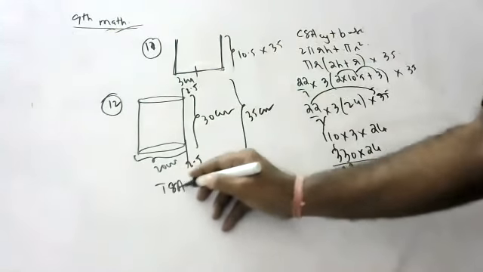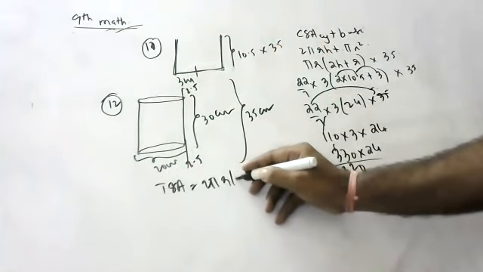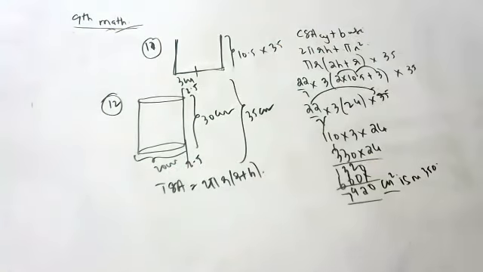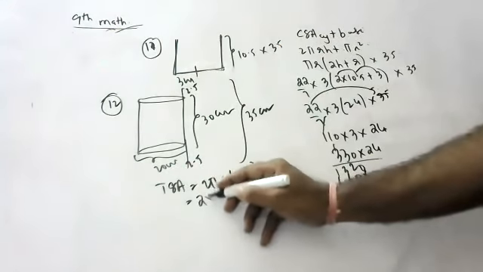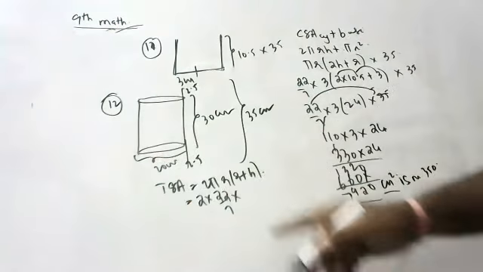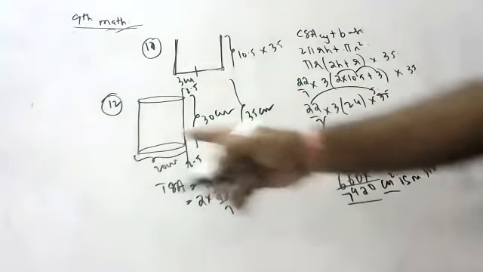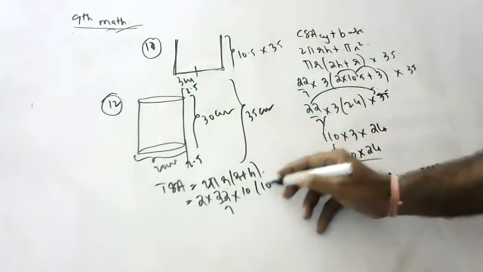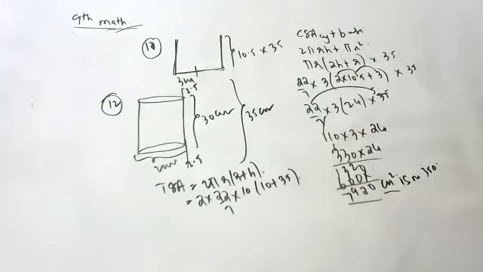TSA of cylinder? 2 pi r into r plus h. 2 into 22 by 7 into, diameter is 20, so radius is 10. So 10 plus 35. How much did they give, children?